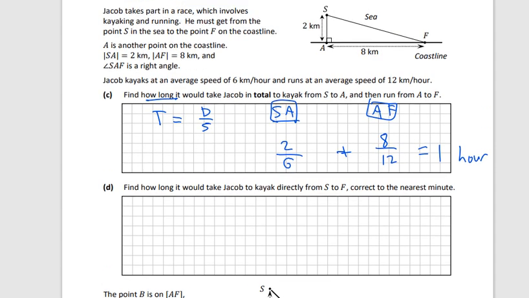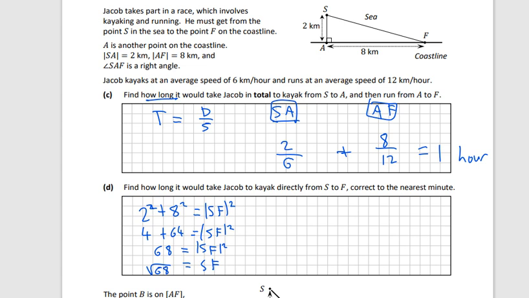So S to F, it's a right angle triangle, so I can use Pythagoras to work out the distance from S to F. So 2 squared plus 8 squared is equal to SF squared. That's 4 plus 64, so 68 is equal to SF squared. So SF is equal to root 68.